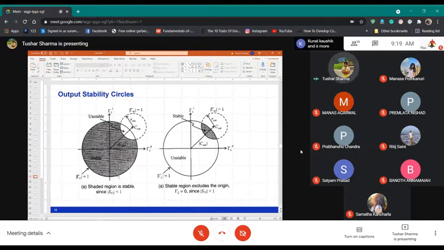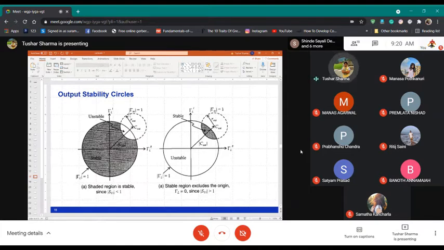And again, we did talk about it in the last class, where we showed that output stability circles are plotted by forcing gamma in equal to 1, because gamma in greater than 1 is a problem. Here, by the way, gamma is the magnitude of the reflection coefficient.